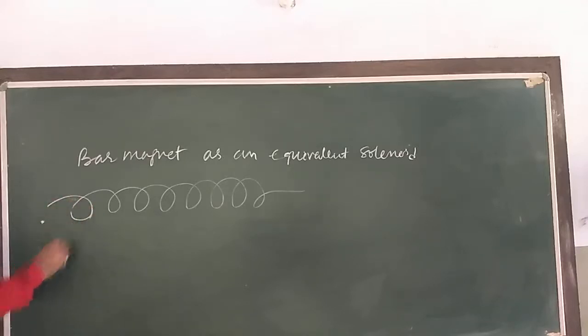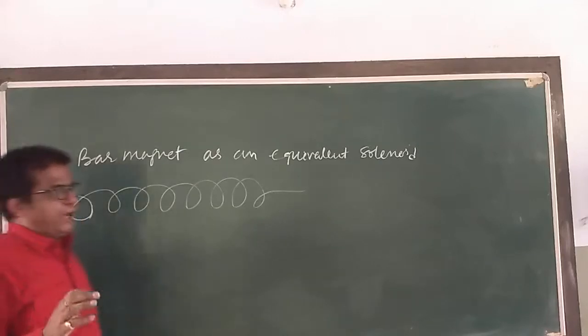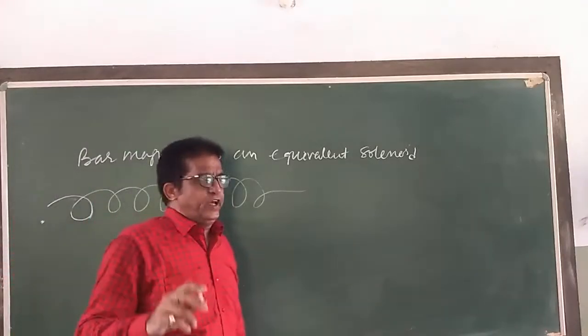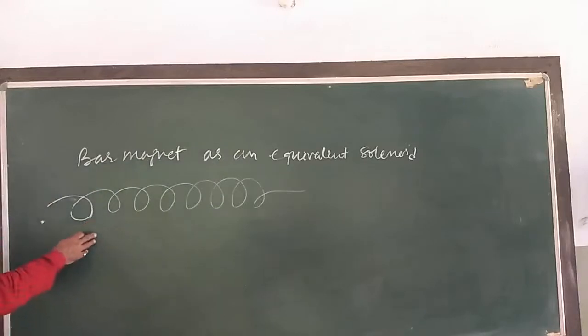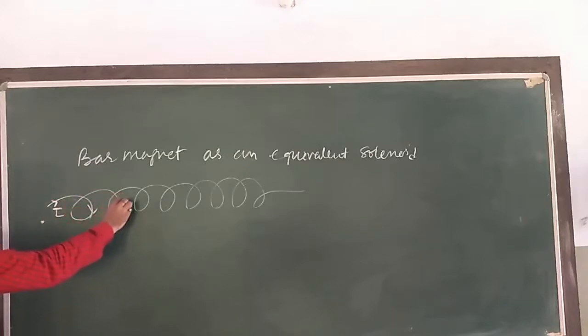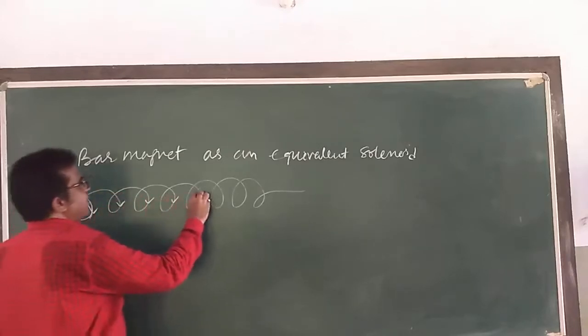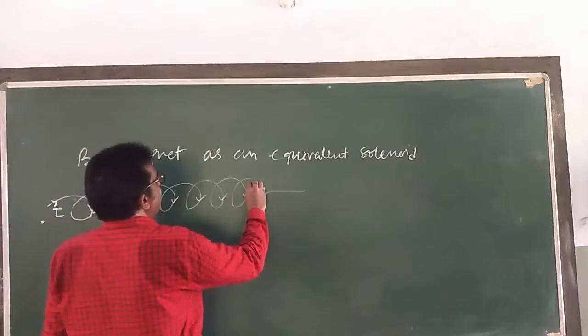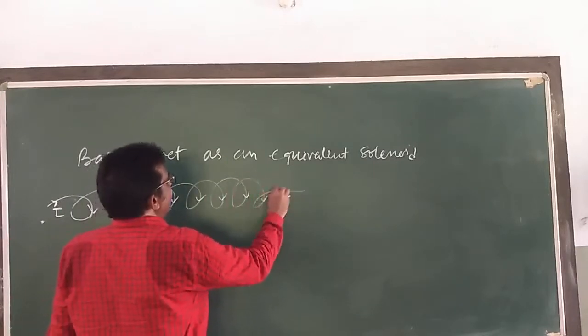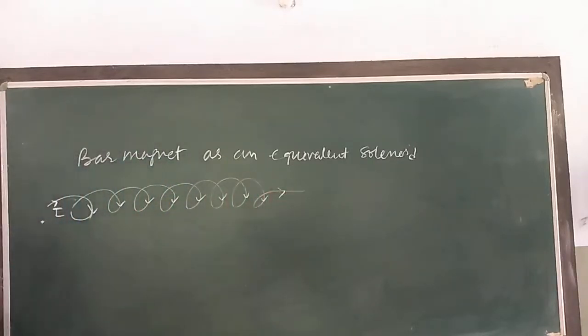Each turn behaves as a small magnetic dipole. The current enters here, I, and goes like this, here, here, here, here, here, here, the current is coming and then leaving from there.